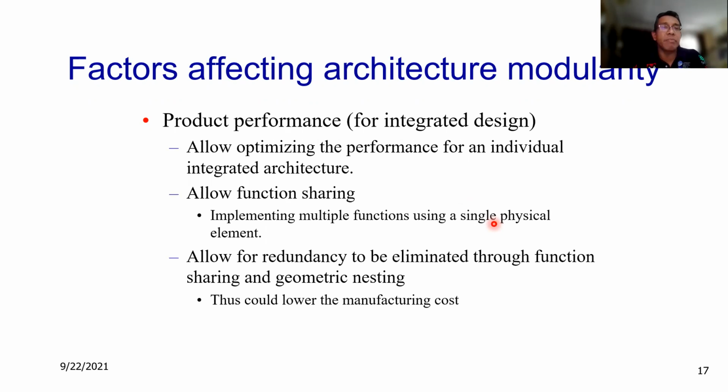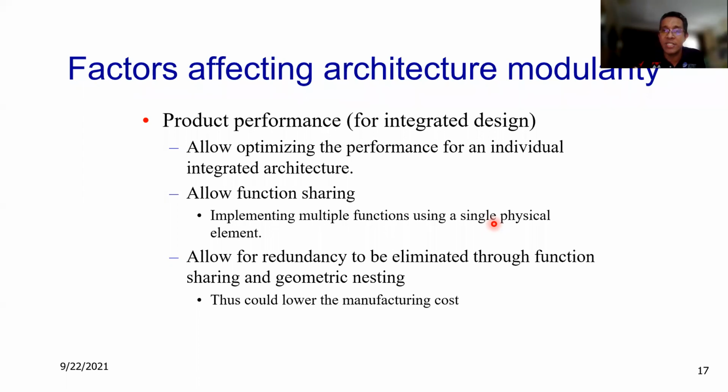And then product performance. So what is product performance actually? We define product performance as how well the product implements or intends to function. When you create something, you see the function of the product.